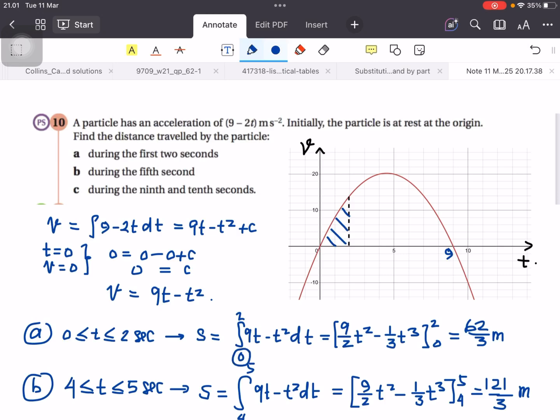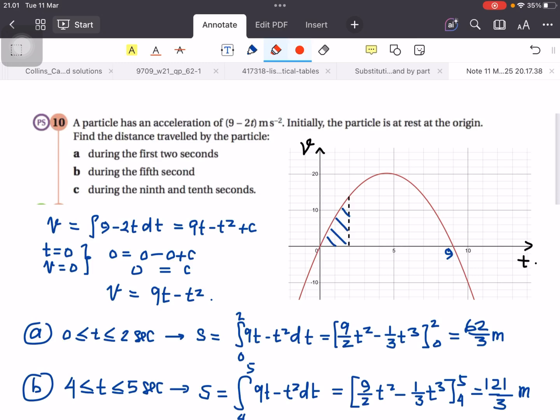The integral is applied from 0 until 2 of 9t minus t squared dt. And then this is the integration. Substitute the value of the boundaries in here, and we can find that the distance traveled during the first 2 seconds is 62 over 3 meters.